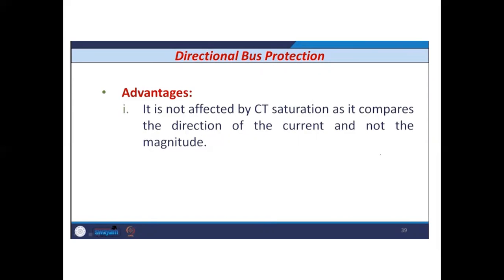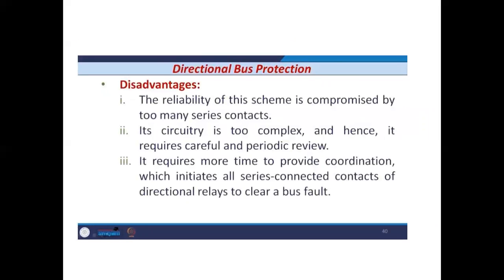However, there are certain disadvantages of the directional protection scheme. The first is that the reliability of this type of scheme is compromised by too many series contacts. Its circuitry is complex. This is the second disadvantage. Careful and periodic assessment is required because of the complex circuitry.